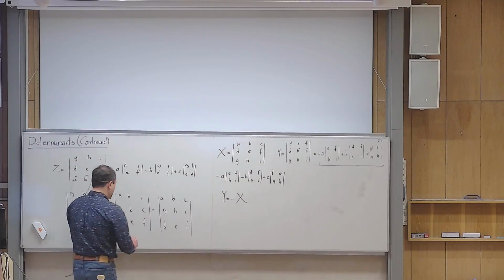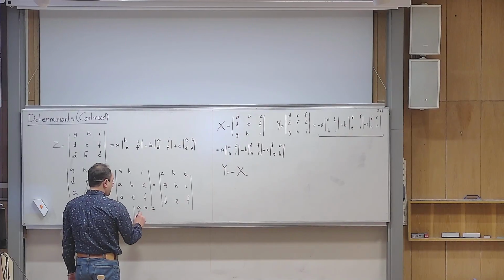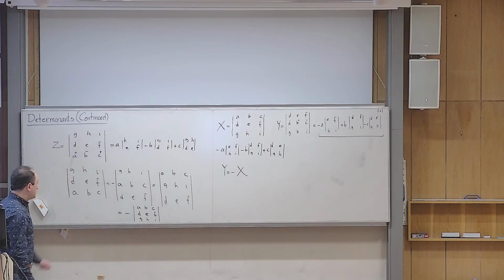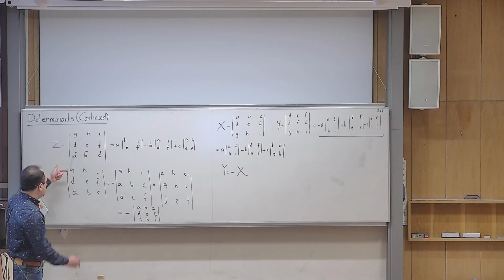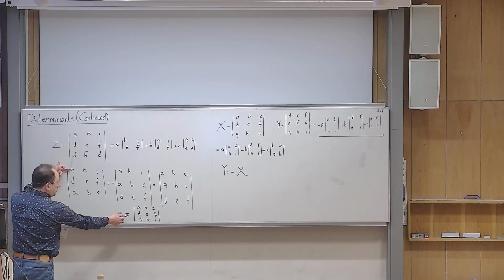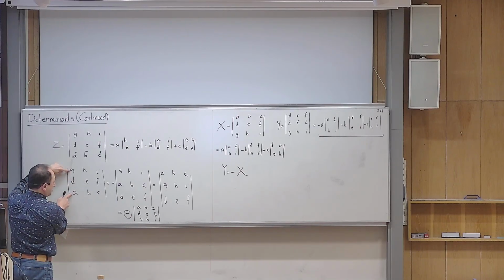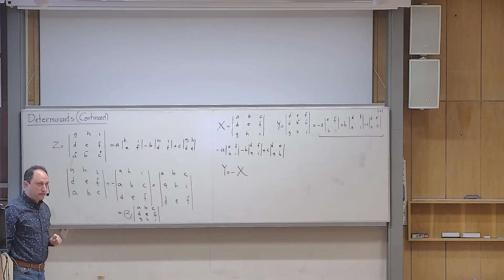It goes here, minus A, B, C, D, E, F, G, H, I. So then compare the first one with the last one. So you see that this is also valid. Even though I interchange these two rows which are not adjacent, still I have my minus sign there.